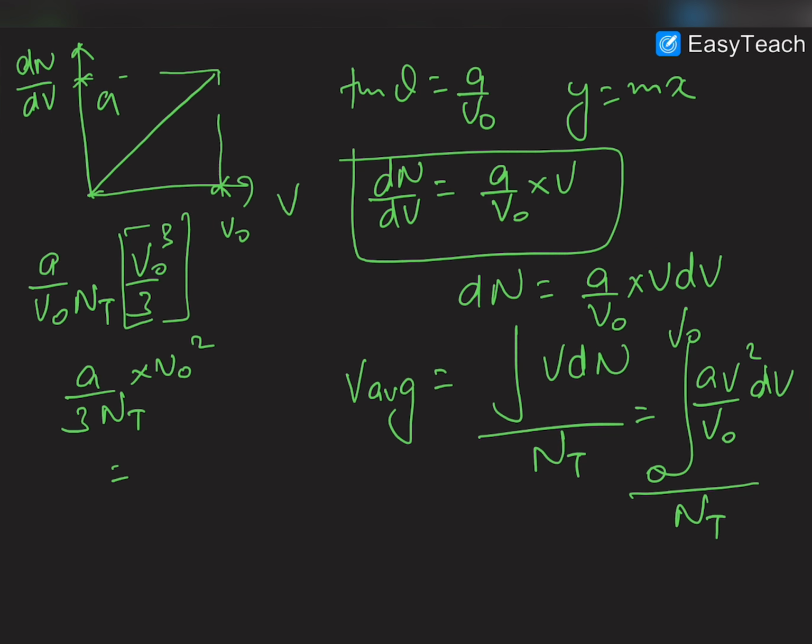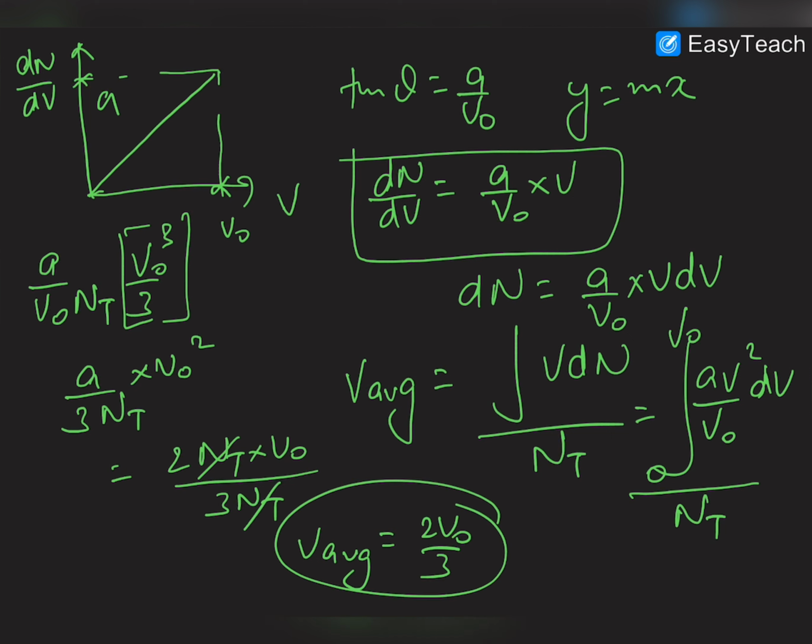So this is 2 NT into V0 by 3 NT. So V average in this case will be 2V0 by 3. So this is the average velocity of the gas molecules in this imaginary gas.